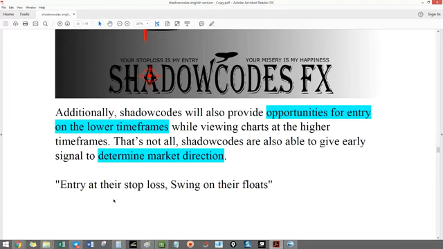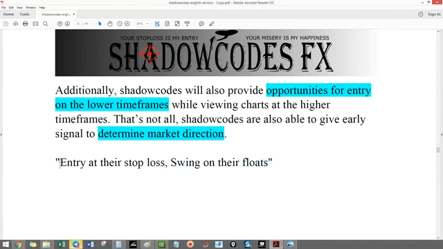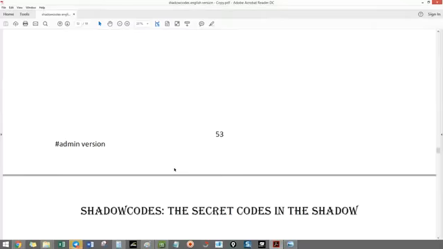We already know how to enter at their stop loss, and swing on their floats is in chapter 3. Their QM sell on reaccumulation, and then we are already buying their sell, up to excessive. So we swing on their float. This is our trading code: enter at their stop loss, swing on their floats.